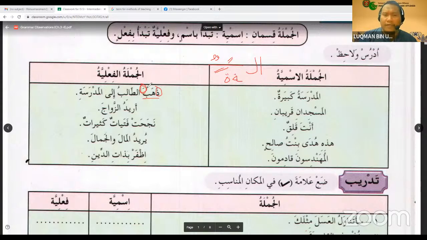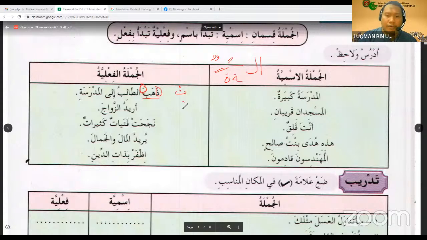Or if it has the feminine ta with a sukun. If you see a ta with a sukun on it at the end, usually it's a verb.